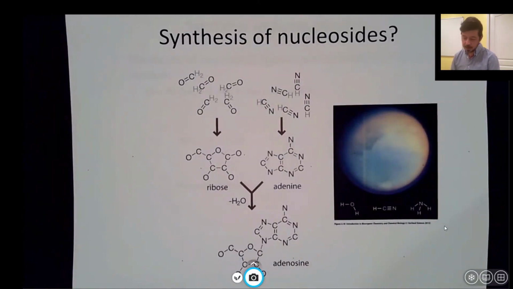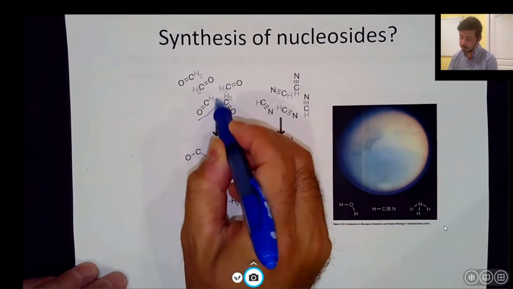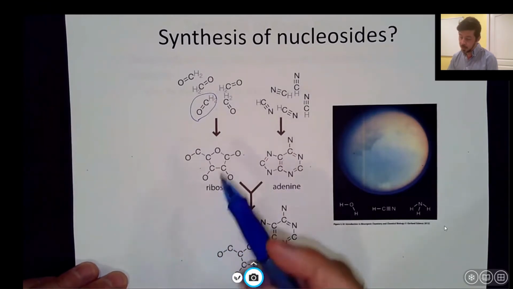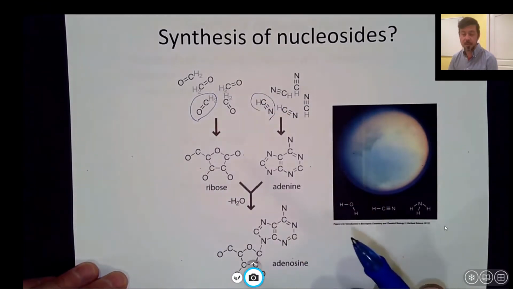So this is taken right from the textbook, but the question is, can we take some of those basic building molecules like formaldehyde? Recall, formaldehyde was something that was generated during that Urey-Miller experiment in the synthesis of glycine. And hydrogen cyanide, another basic building block.